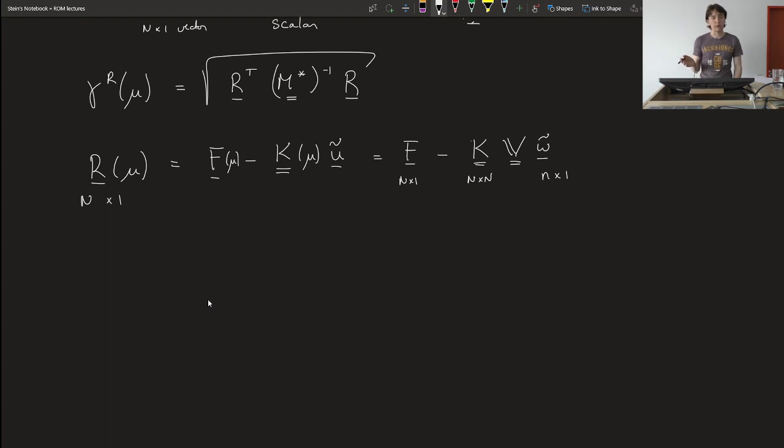So if we have a reduced basis method with 5 bases, then small n is 5, and V was the connection between them, so big N times small n. I've introduced this V in a couple of the slides, so I hope this is clear. This is how you get the relation between the vector of coefficients associated to each of the bases and u tilde, the vector of coefficients associated to the high fidelity basis.